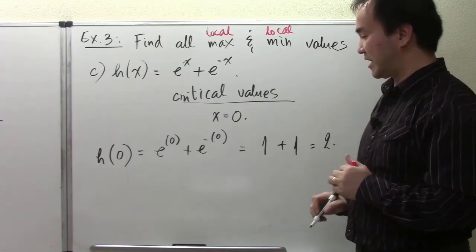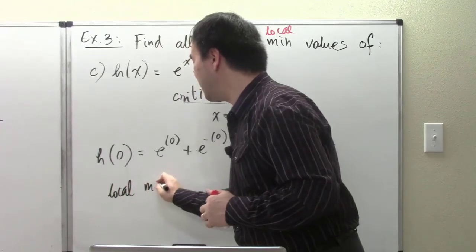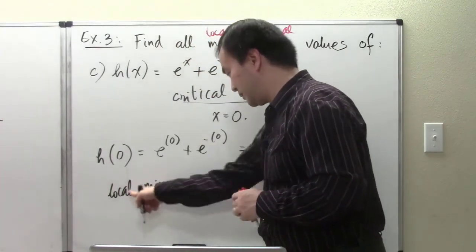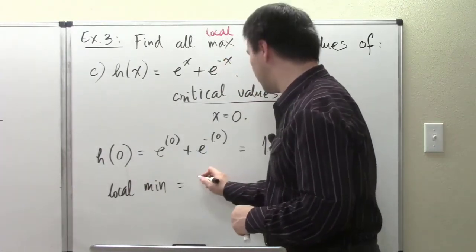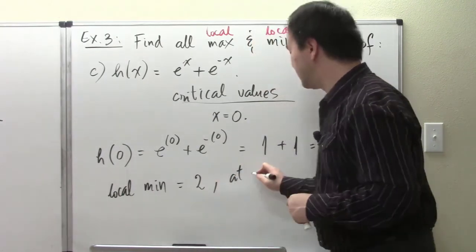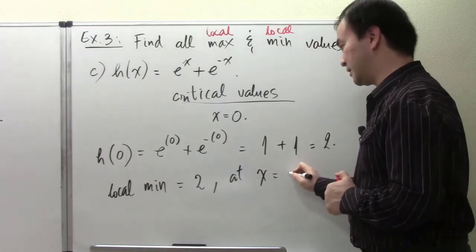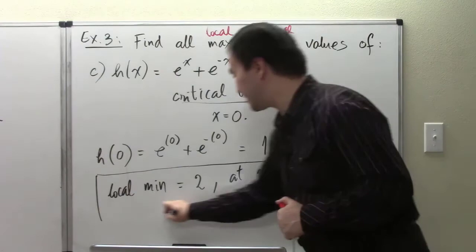So this is what I'm saying. We have a local minimum, and I refer to the local minimum value as equal to 2. It's happening at x equals 0. That's my answer right there.